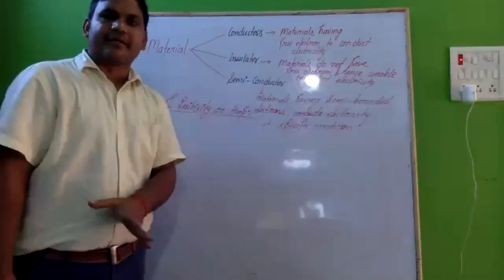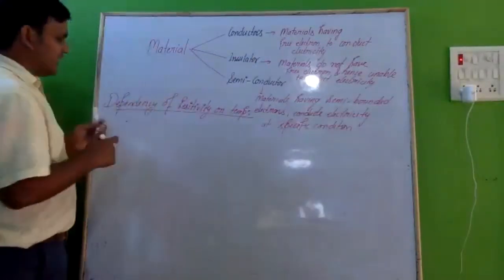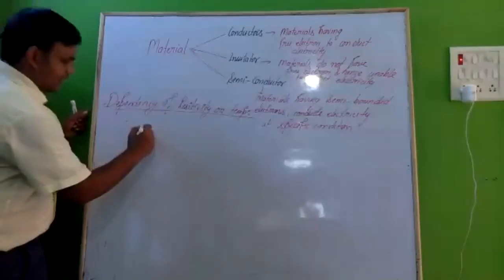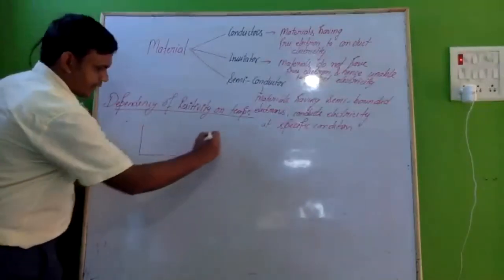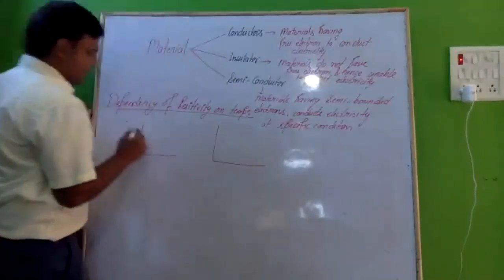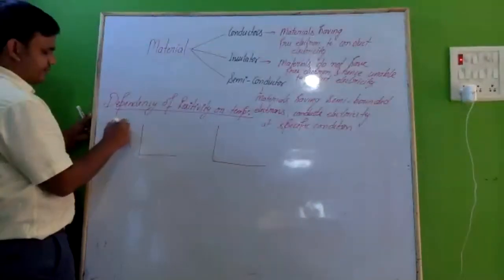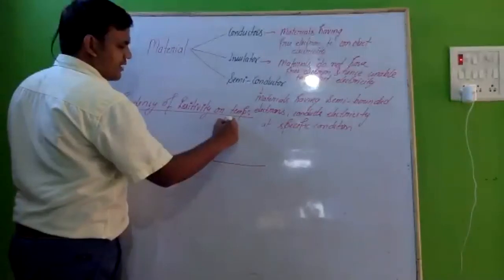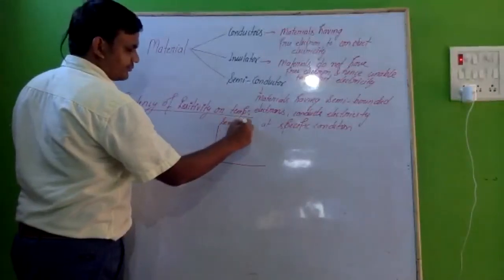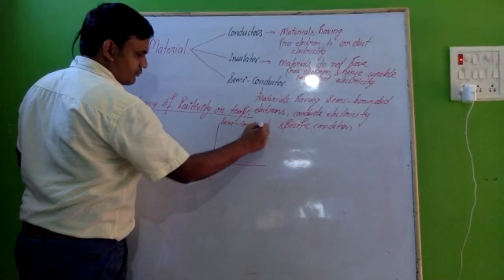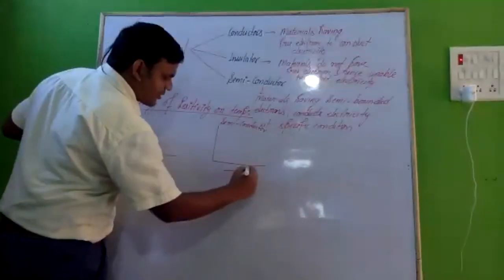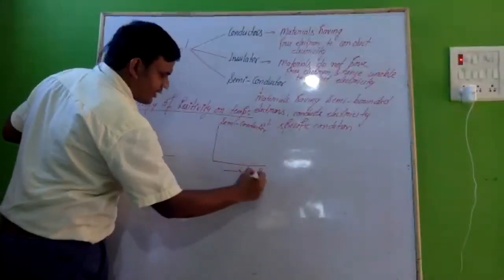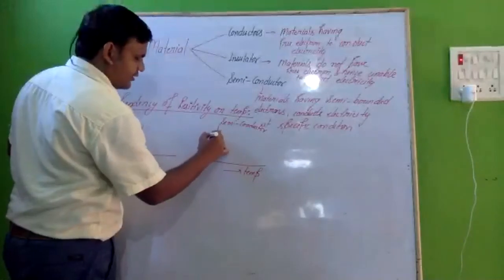Okay. So you can see these two graphs. For understanding, this is for the conductor and this is for the semiconductor. Here it will be temperature, here it will be resistivity.